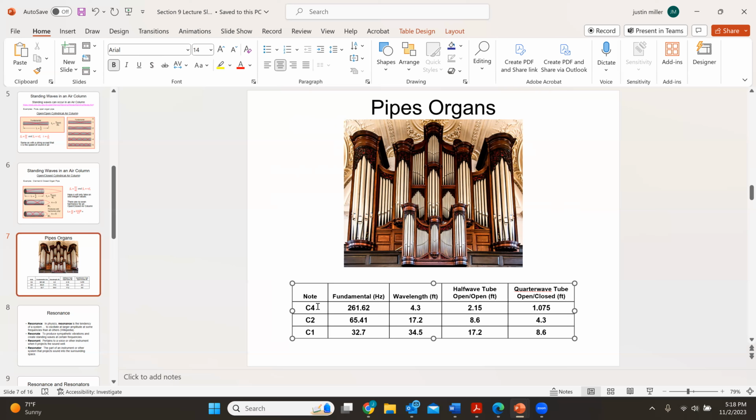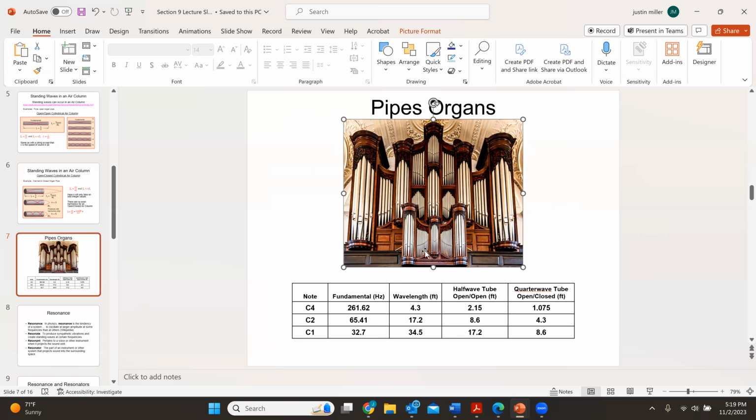Once you start getting into really low frequencies, C2 and C1, look at the difference in what the lengths are. For a quarter wave tube producing the note C1, you need it to be 8.6 feet long. If it's a half wave tube, open, you need it to be 17.2 feet long. And then you go back to, where are these cylindrical air columns really going to come into play?